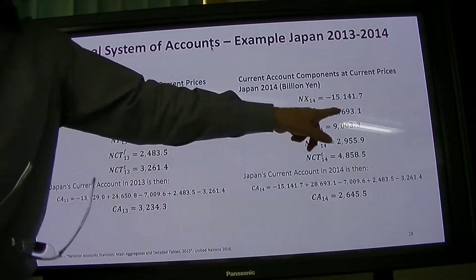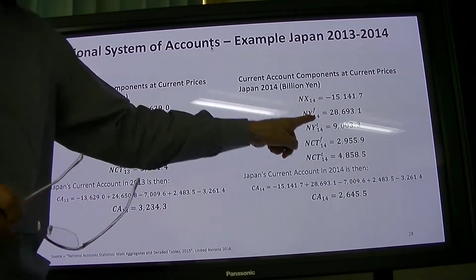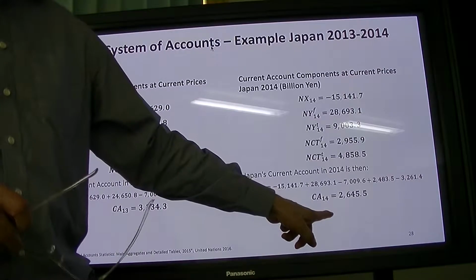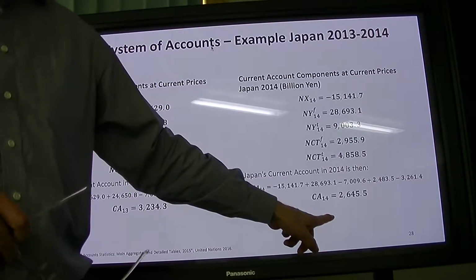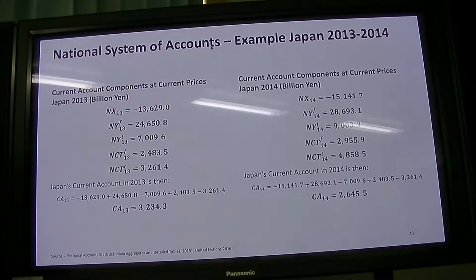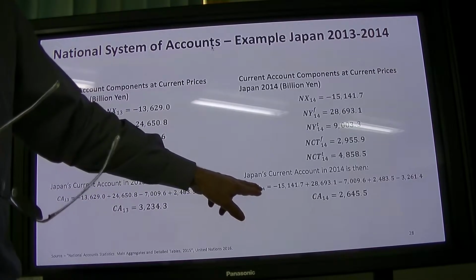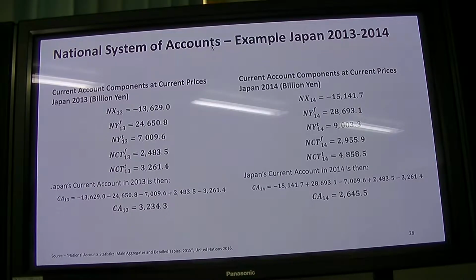That's a lot of investment coming in, and because of that past investment, Japan's current account was still positive. So that means there's still a net capital flow going out. Japan is a net lender to the world.